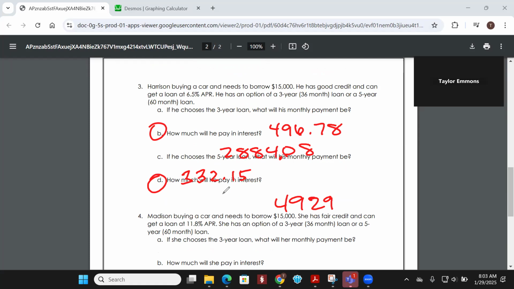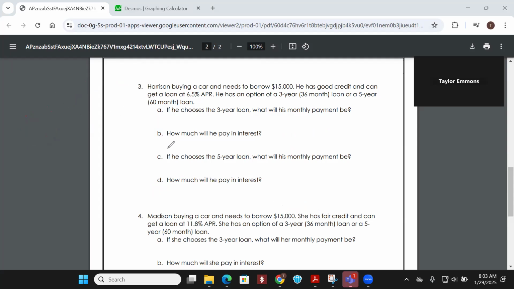On number 3, you're subtracting those 2 numbers. How much interest was there between those 2? D from B. Hey, look back at 3, subtract these 2 things.